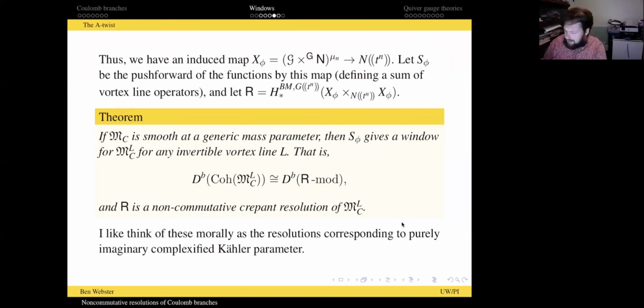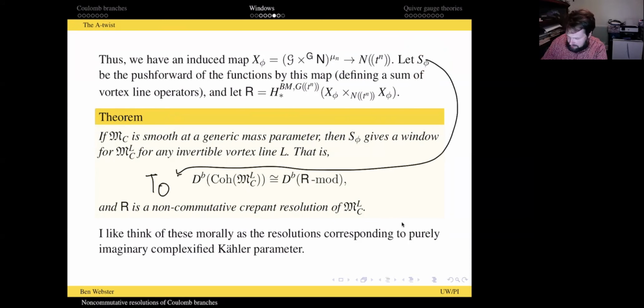Maybe a better way to say it is, S is a line operator, but I can thus construct a coherent sheaf T_phi out of that. And I'm going to get that the self Ext of this coherent sheaf is R.